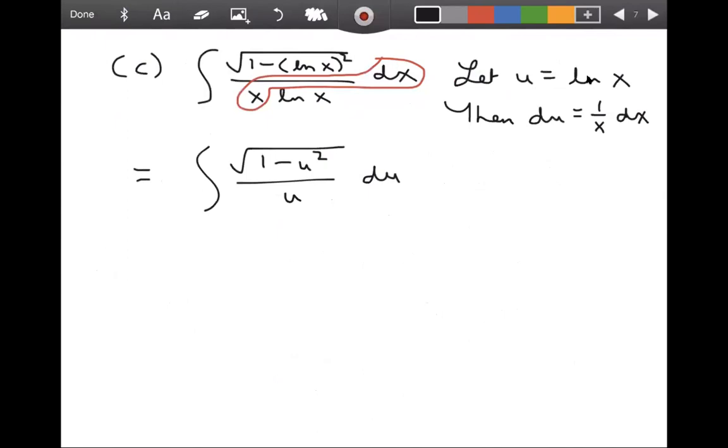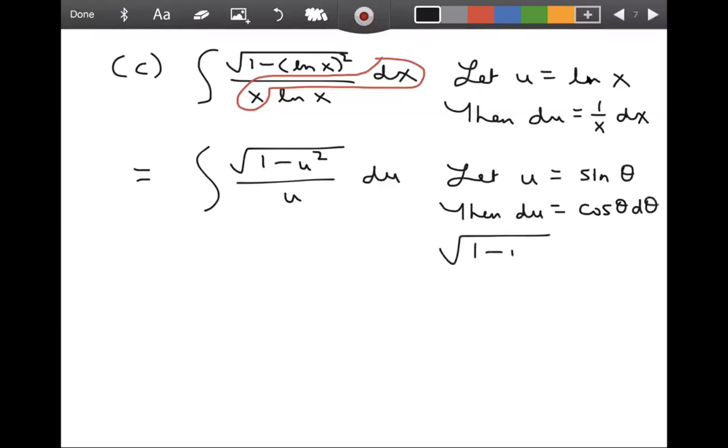All right, so now we're going to do another substitution. This is going to be our trig substitution. We're going to let u equal, in this problem, a is 1, right? So u would just be sine theta, which is going to make du cosine theta d theta.